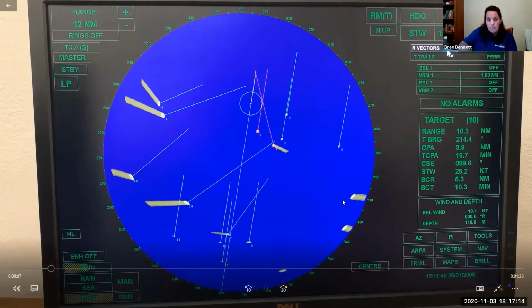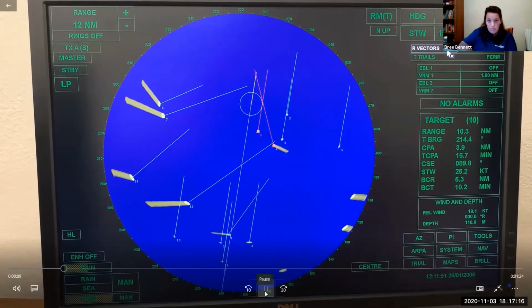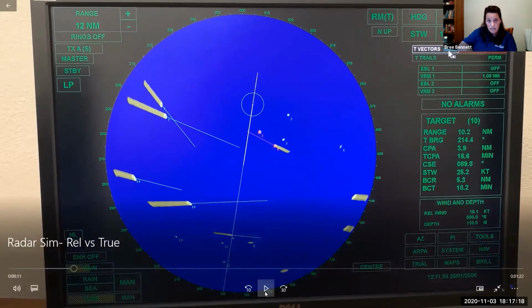And then I'll switch back here to true motion. There we go, back to true motion. With true motion, it's what the contact's true course and speed is. I have this vector set at 16 minutes. We're not going to have vectors set at 16 minutes, since we don't have that capability on our plotting sheets, but we will create a vector at 6 minutes.